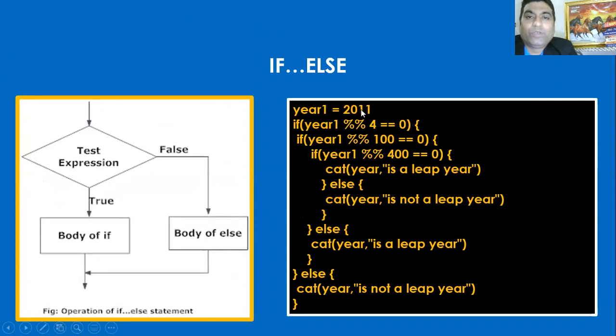This program is going to check whether 2011 is a leap year or not. I'm dividing the year by 4 and getting the remainder. Of course, for 2011 the remainder will not be 0, so this code will not execute. By default, it will not be a leap year.